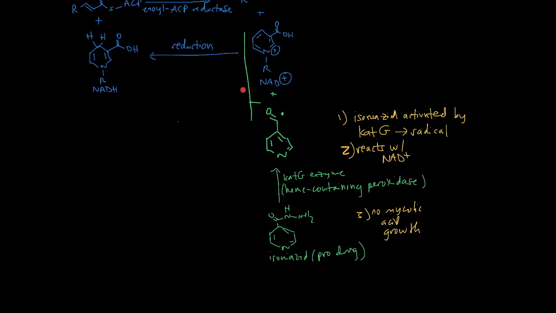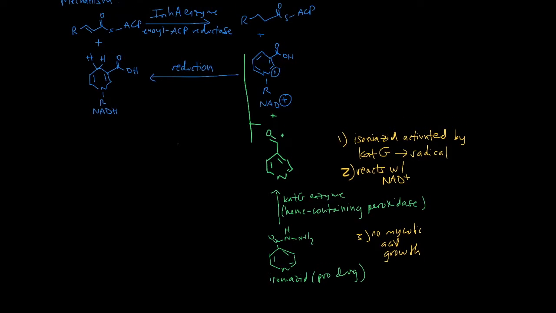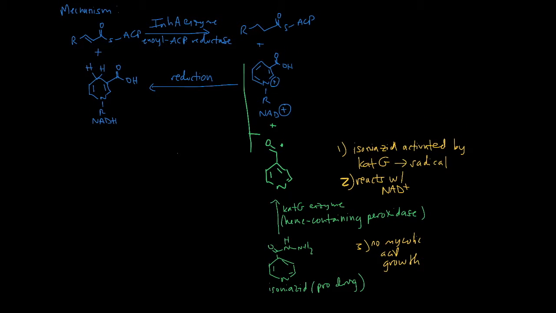I drew a line right here, which means to stop the process of reduction to NADH. And if you can't reduce NADH, then you can't extend the mycolic acid portion of the cell wall. And if you can't do that, you don't get cell wall formation, and thus the mycobacteria die.